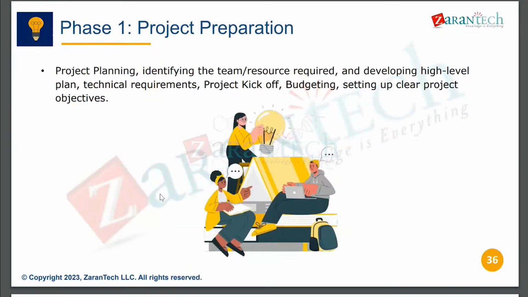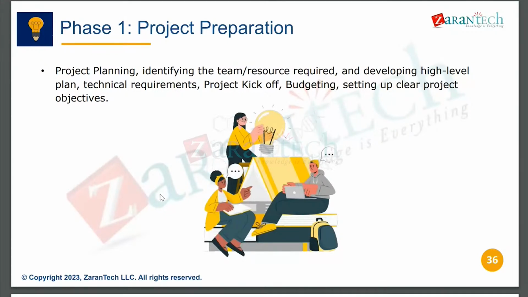Okay, so whatever I explained here, I've given some short writing here, so you can go through this. Project planning, identifying the team resources, everything we have gone through, so you can go through this slide.